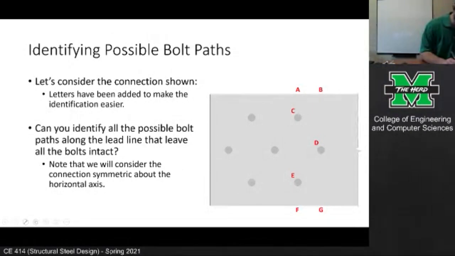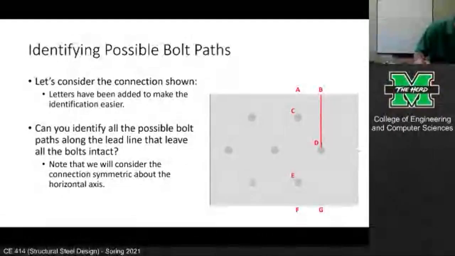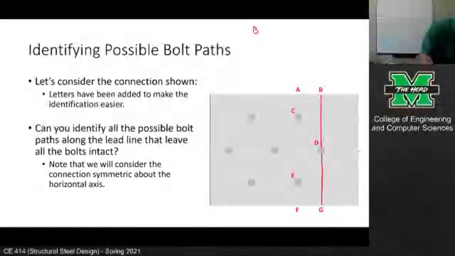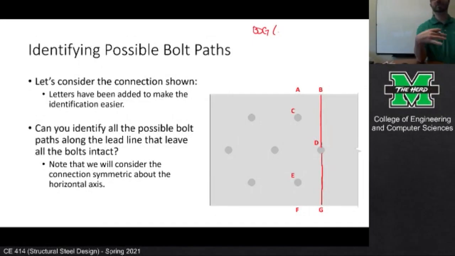So, for instance, one of those failure paths might be this one. This would be path BDG. If I was trying to find the net area for that path, I would have one hole and no stagger.